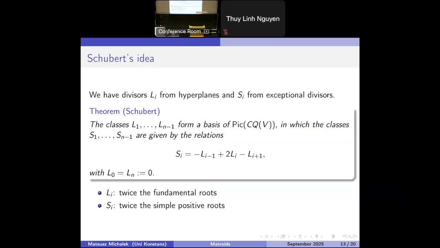And you can prove that if you intersect any divisor with this full flag, this gives an injection of the Picard groups. And the Picard group of the full flag is the type A root lattice. And the L_i go to twice fundamental weights, S_i twice positive simple roots.